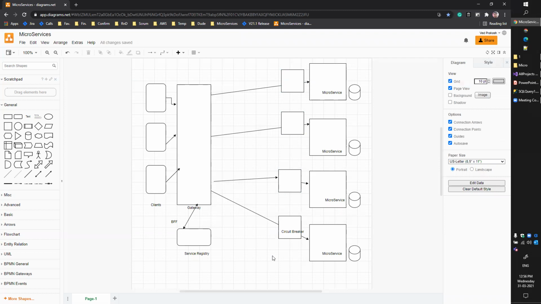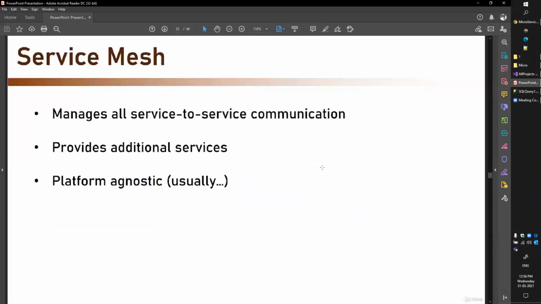Now, we talked about service mesh as well. It's another kind of pattern. We already have talked about it. Everyone has Fiddler installed in their system. When you open Fiddler, it records all your outgoing or inbound calls, right?